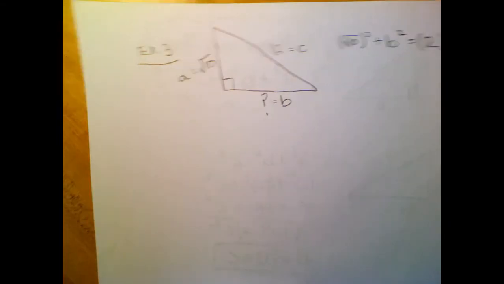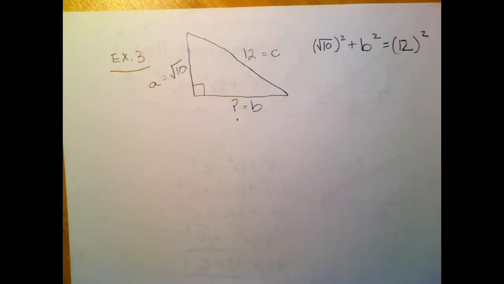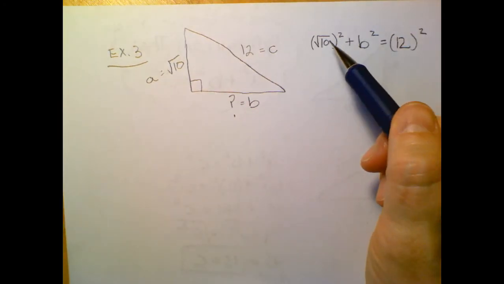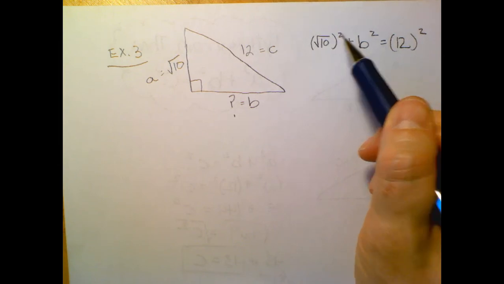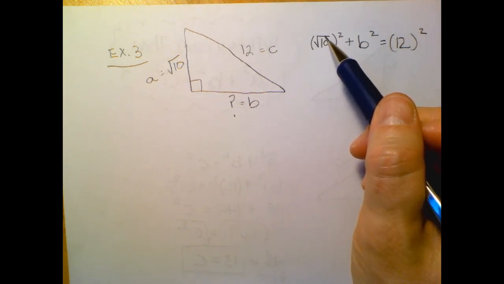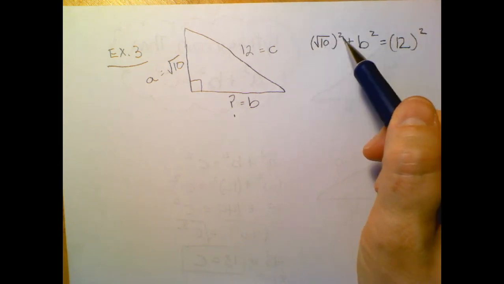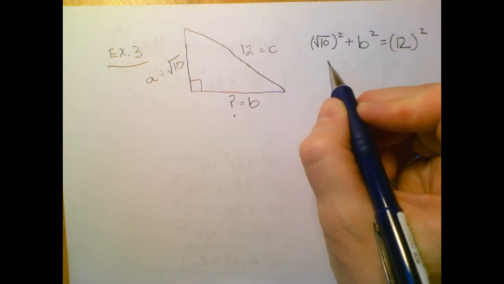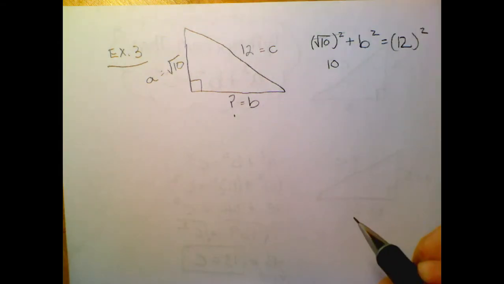Okay, and we need to square the square root of 10. So, I mean, you could look at it two ways. Squaring and square roots are inverse operations, right? What the square root does to the 10, the square comes along and undoes. So they kind of just cancel each other out, and all you have left is the 10.